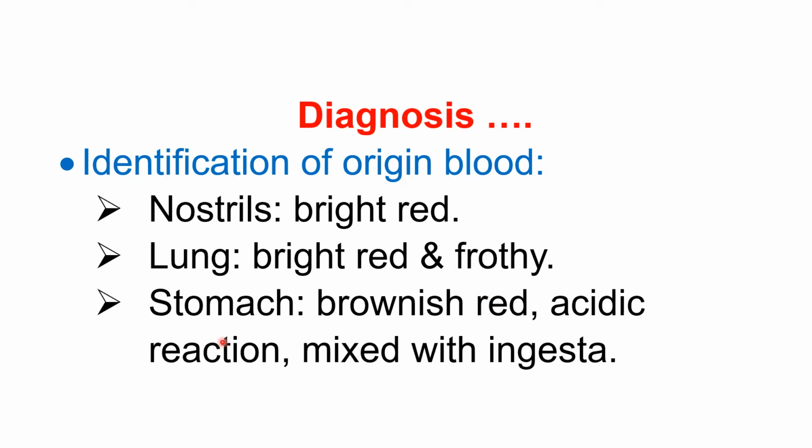If the blood is coming from the stomach, the color is brownish red because it is digested by the acid of the stomach. The bleeding may be acidic in reaction and may be mixed with ingesta. This is just a guideline. It is not exact, but it gives a guideline whether the bleeding is from the nose, from the lung or from the stomach.